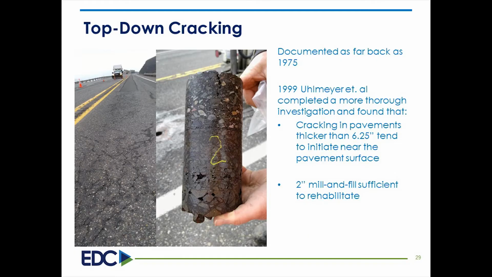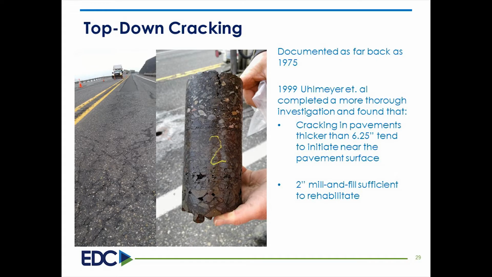But the reason we have the ability to do that is that even back in the 1950s, a lot of these roads were built fairly heavy with structure, some of it to achieve depth for frost, but also they were all built relatively conservatively, which has given us a lot of benefit in dealing with those roads today, because the situation that we have is primarily top-down cracking. Those thicker structures, probably 90% of our cracking is top-down.